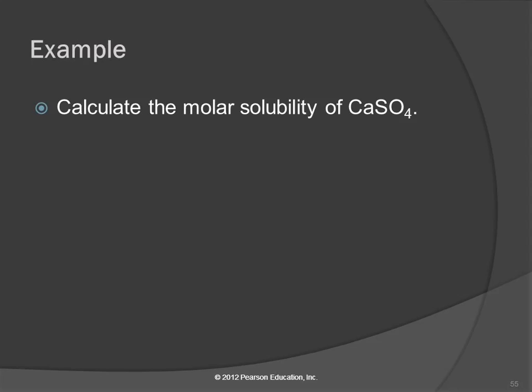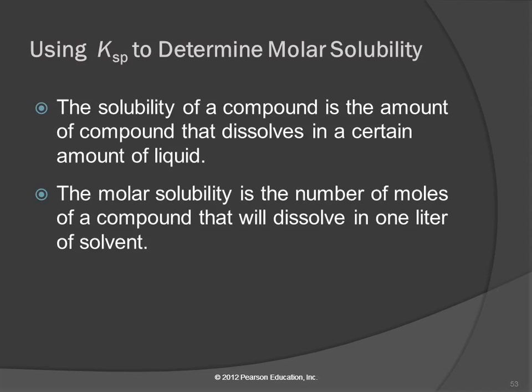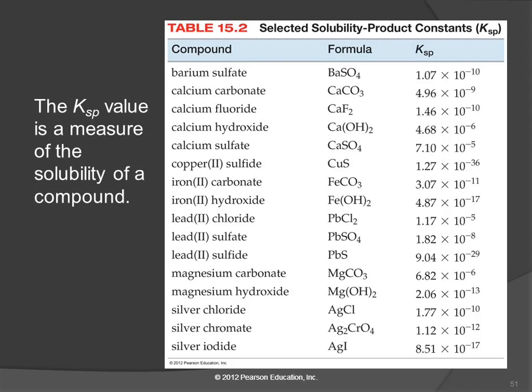So let's do this guy. Calculate the molar solubility of calcium sulfate. Anybody thinking, where's the number? Don't we need a number? We have to go look it up through the magic of PowerPoint. It was calcium sulfate, right? Here's calcium sulfate, CaSO4, 7.10 times 10 to the minus 5.